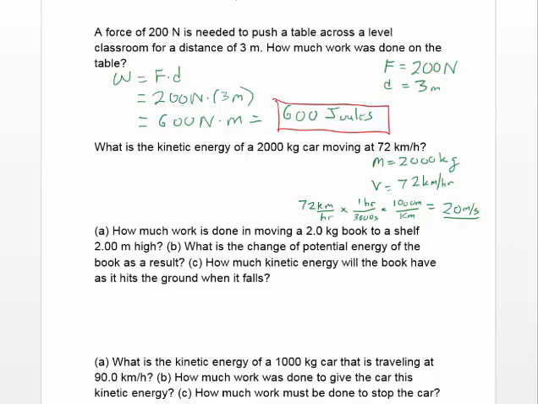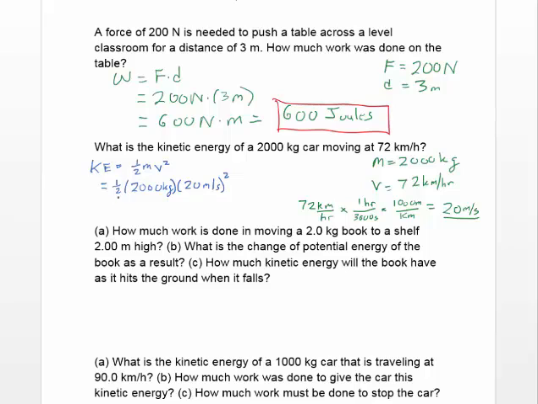Now we can go through and use our equation for kinetic energy. Kinetic energy equals 1/2 mv squared. So that is equal to 1/2 times the mass, which was 2,000 kilograms, times the velocity, which we just figured out, of 20 meters per second, squared.